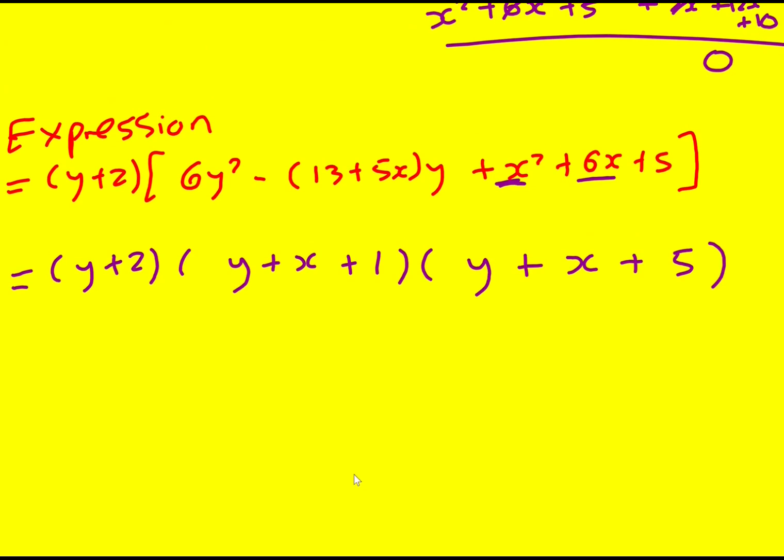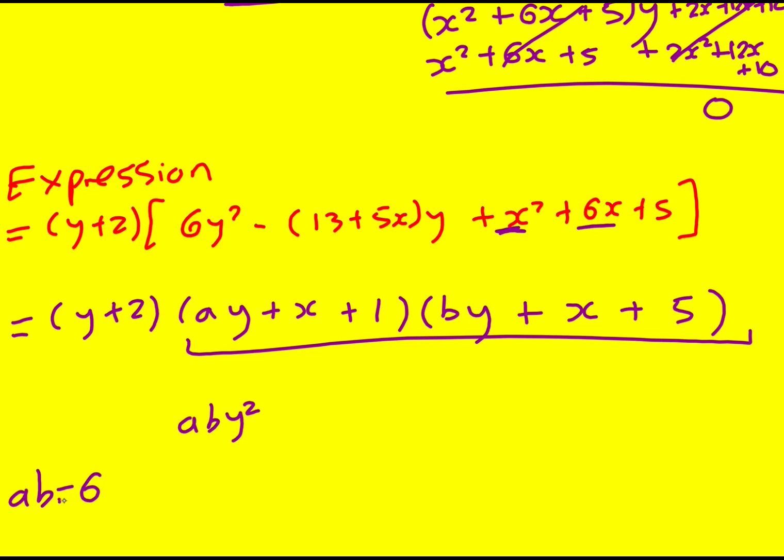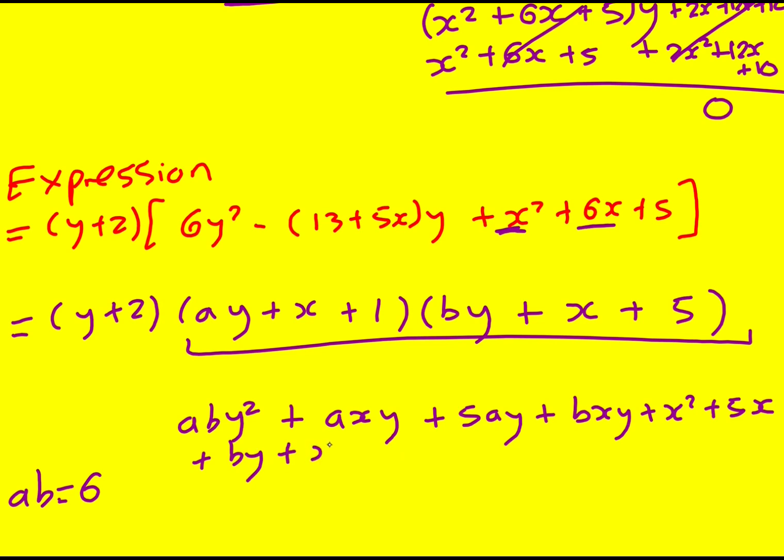I'm going to let this be A and this be B, because I could go with 3 and 2 or 2 and 3 or 6 and 1 or 1 and 6. So let's not worry about that bit. If I expand this, then I'm going to get ab y squared, so I can see that AB is going to equal 6, plus a xy plus 5ay, then plus b xy plus x squared plus 5x plus by plus x plus 5.